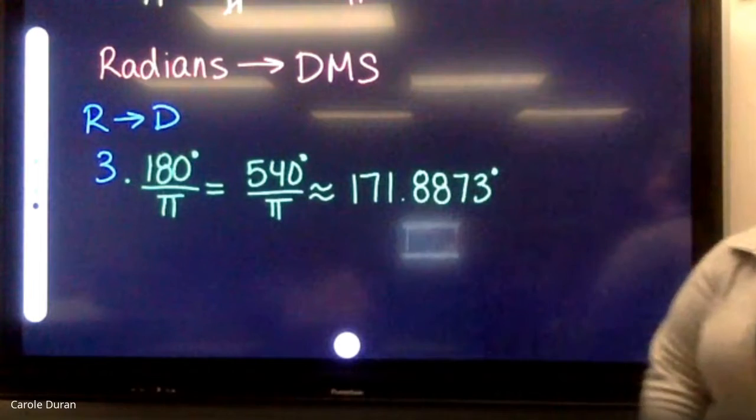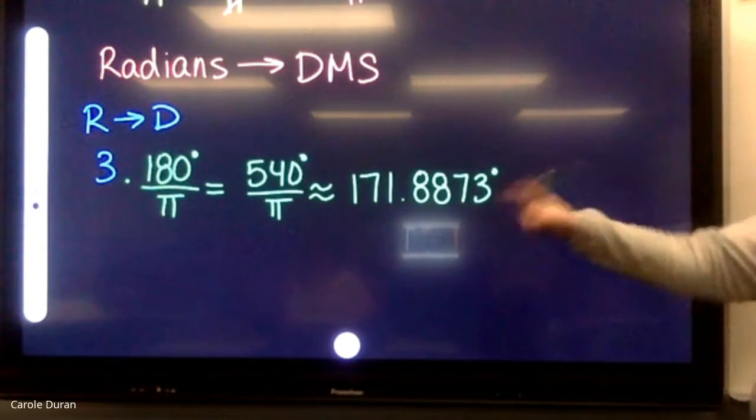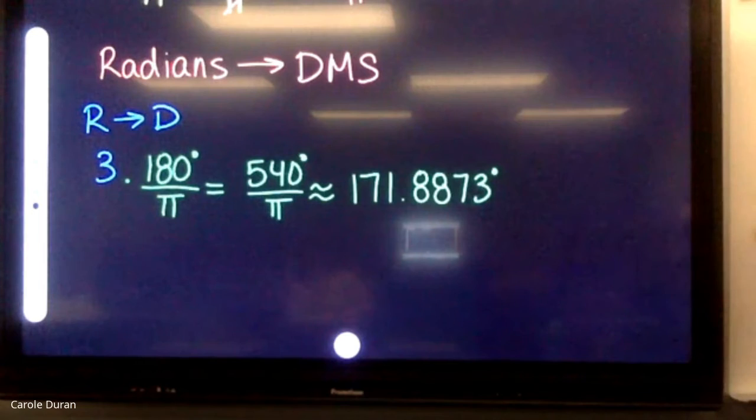Okay, so 540 divided by pi is approximately 171.8873 degrees, which means 3 radians is equivalently 171.8873 degrees. Are we all okay with how we did that?